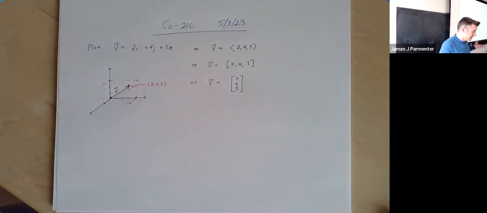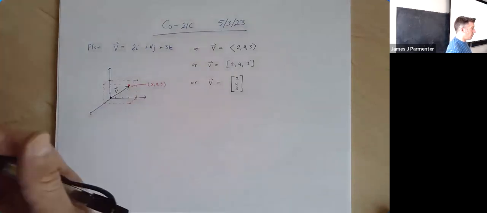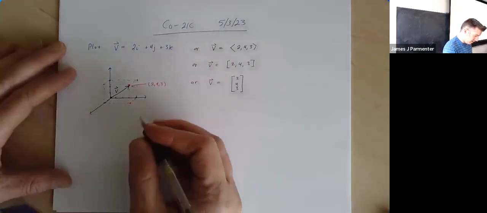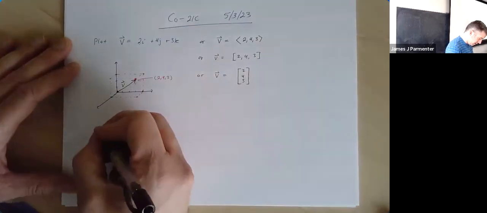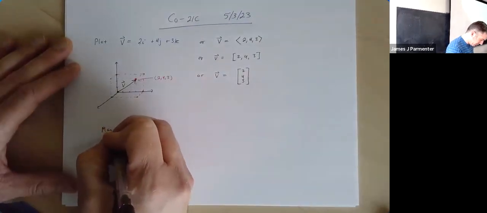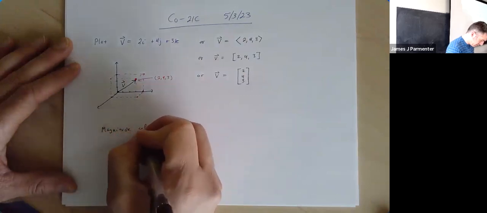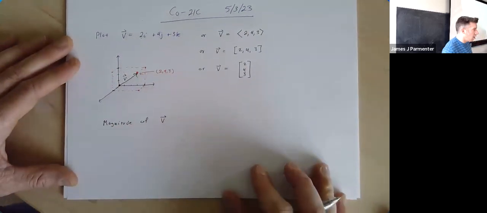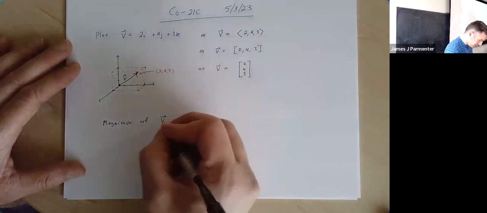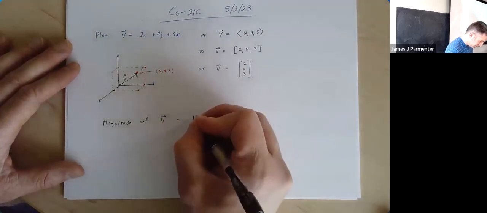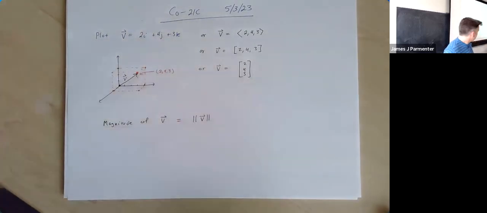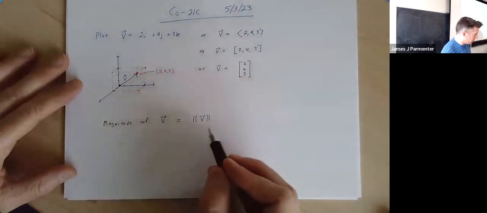So what is a vector exactly? It's a length and a direction, or a magnitude and a direction. So for this vector v, the magnitude of v is just how long it is. We usually use a double absolute value notation for magnitude. Sometimes people use single absolute values, which is also totally fine, but this is the more standard way of writing it.